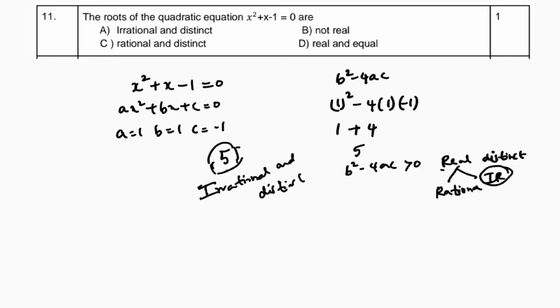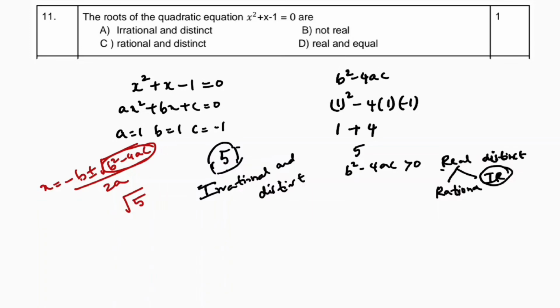If you observe the quadratic formula, x equals minus b plus or minus root of b square minus 4ac by 2a. This b square minus 4ac is what I got as 5. So root 5 is irrational.